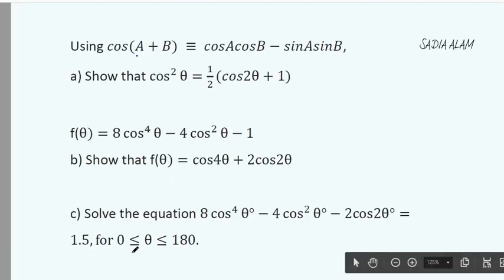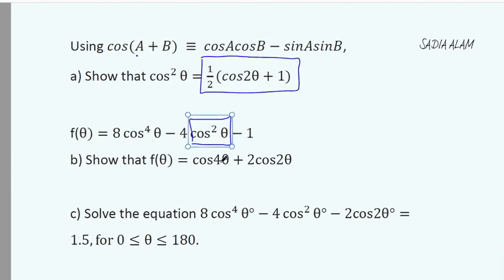So for part B, we have this equation, but we can replace this one with the answer from part A, right? Because we need 2 theta, so we have 2 theta here, so we can replace this one. What about this? Cos to the power 4. Since we know the value for cos square, we have to somehow convert this into a format so that we can just substitute values, right?